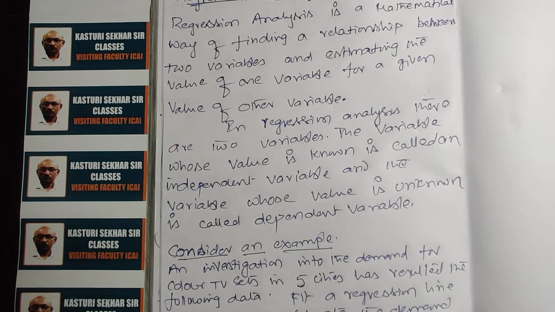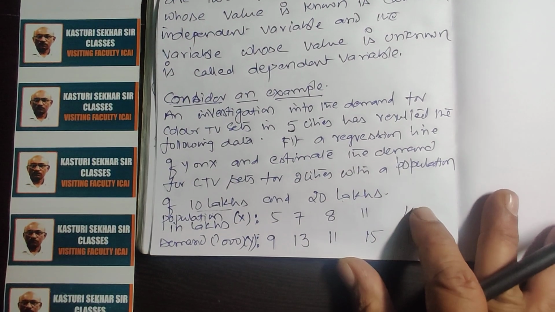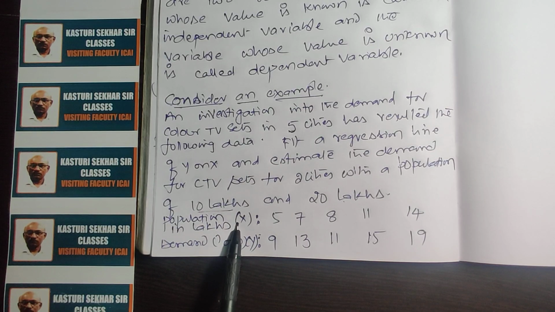The variable whose value you are estimating is called a dependent variable. So population of a city is the independent variable, and demand for color TV sets is the dependent variable.